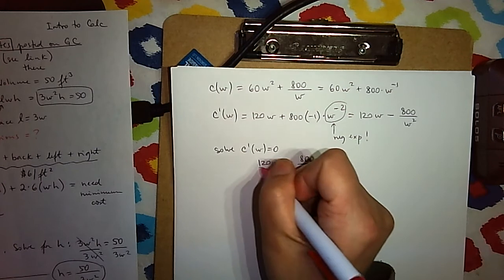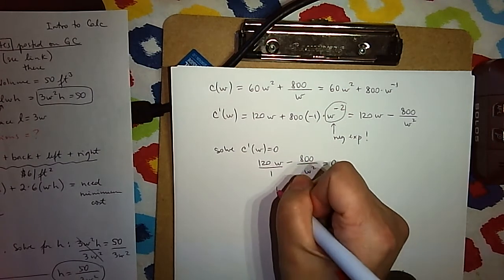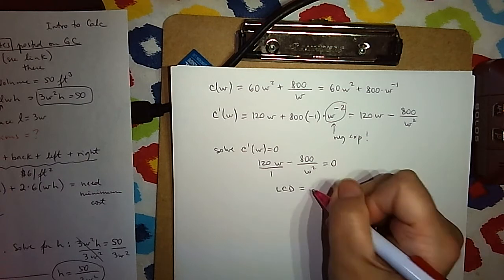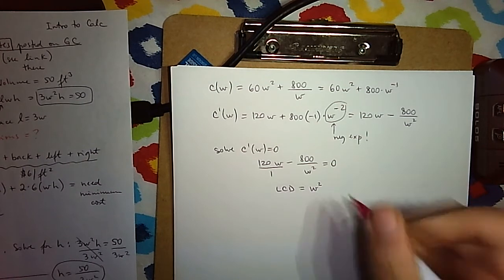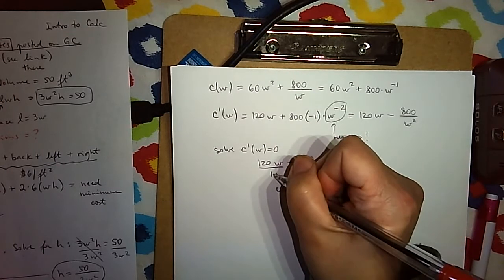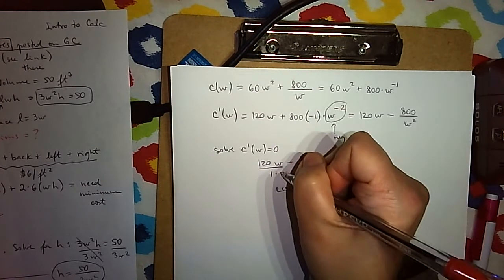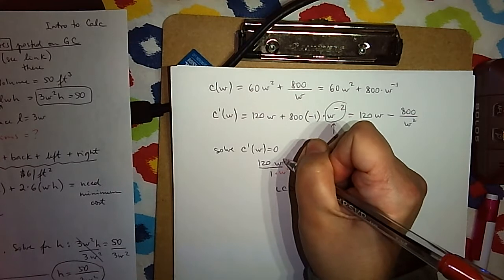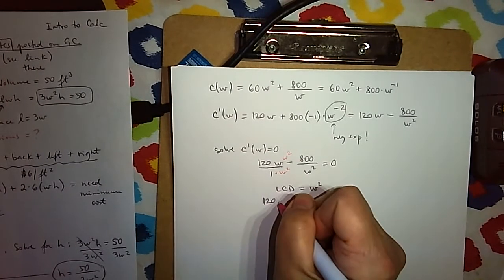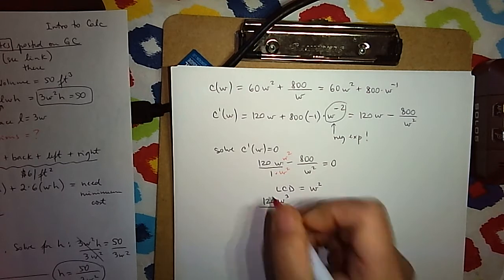I think I'm going to go with the part that says LCD, so you can see what I'm doing. LCD between 1 and W squared is really W squared, which means I need to multiply the first fraction, if you only see a 1, by W squared. So to respond to Megan's question about this, this is how we got the W to the third.